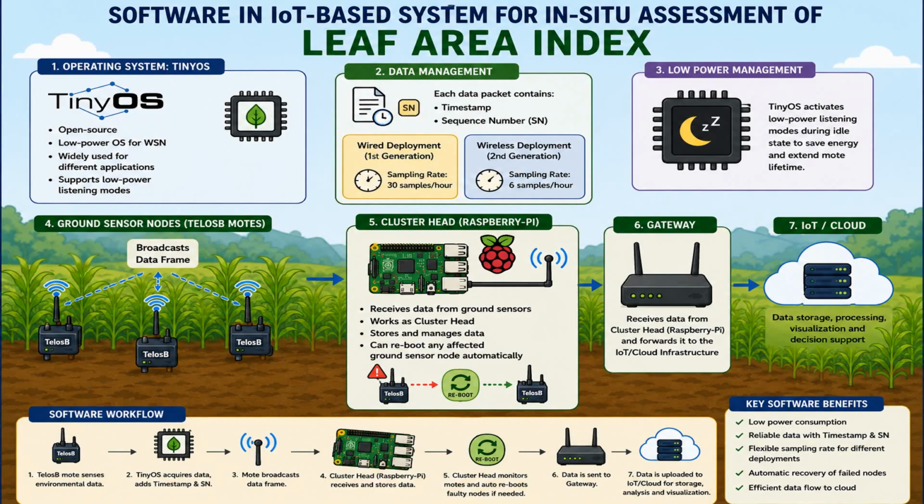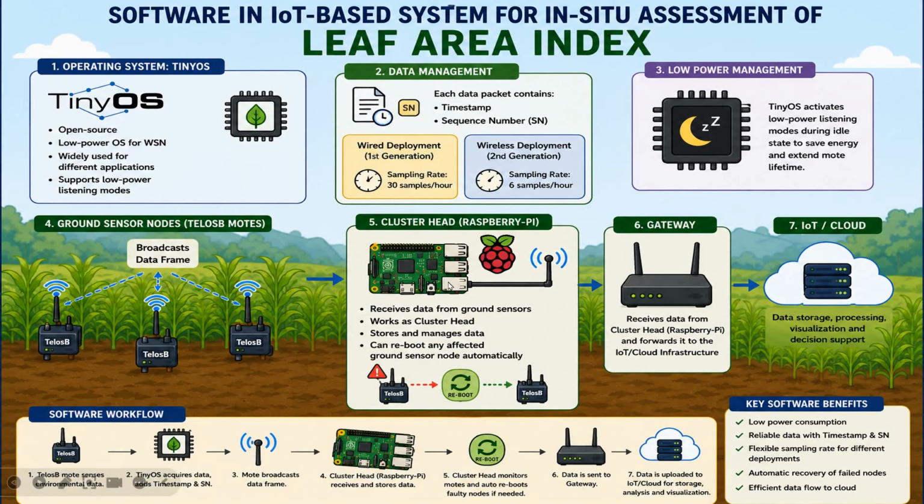One important capability of the Raspberry Pi is its ability to automatically reboot faulty sensor nodes. If a TelosB node stops functioning correctly, the cluster head detects the issue and restarts the node without requiring manual intervention, and thus it improves the system reliability.